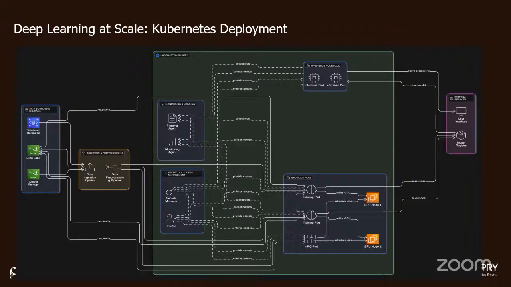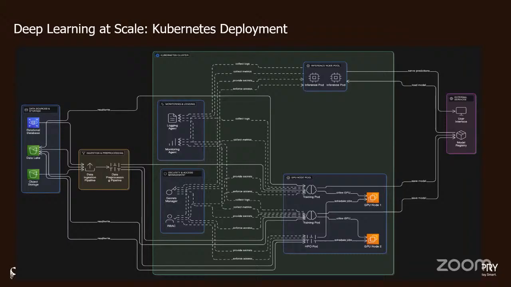Then it passes through the data pre-processing pipeline, which will handle missing values and clean the data. Feature engineering will do the transformation. Think of it as preparing ingredients before cooking. You can't train a deep learning model on raw data. It needs pre-processing.